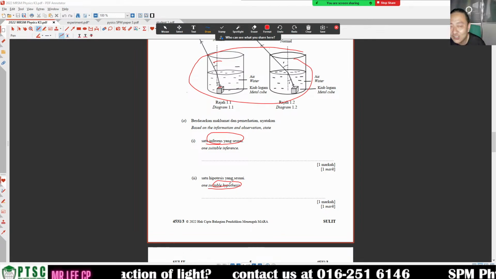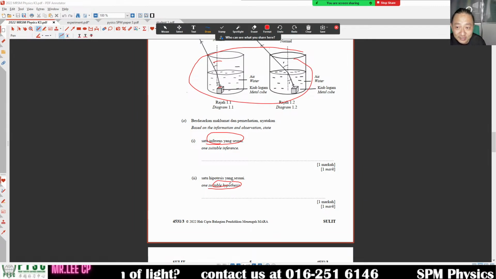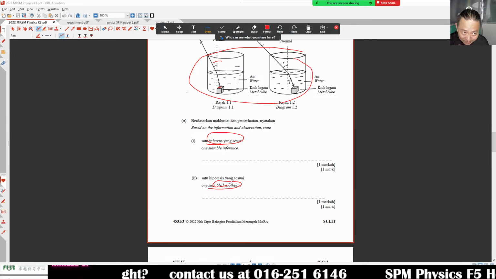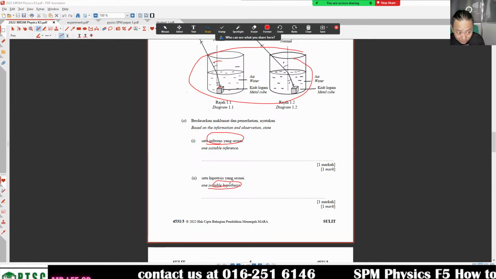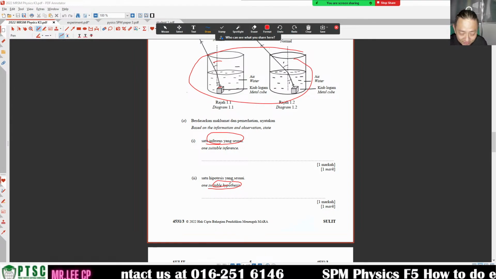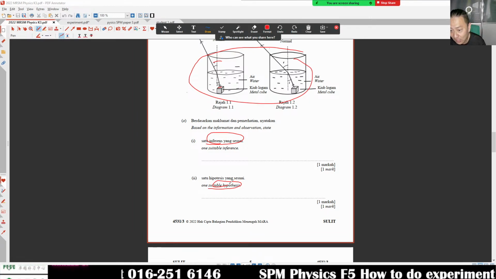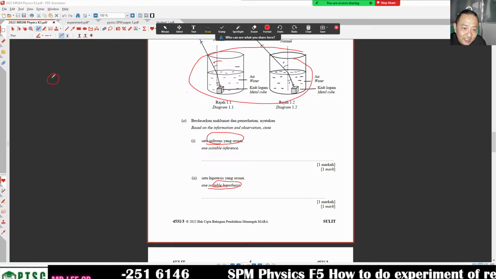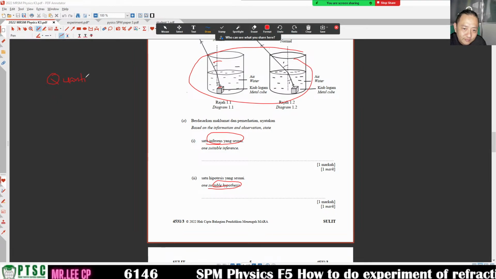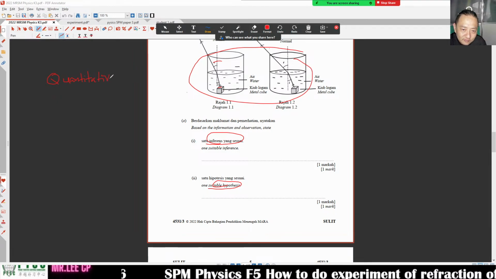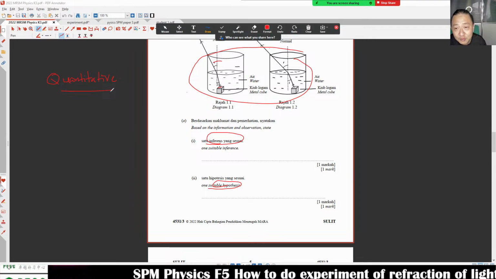This is not biology, not chemistry. Observation is your tabulation of the data, your graph, how you analyze your data. In physics we talk about how to analyze. It must be quantitative. What is meant by quantitative?